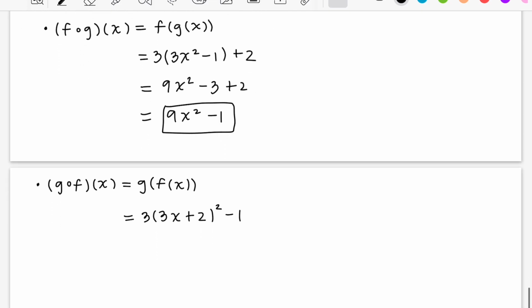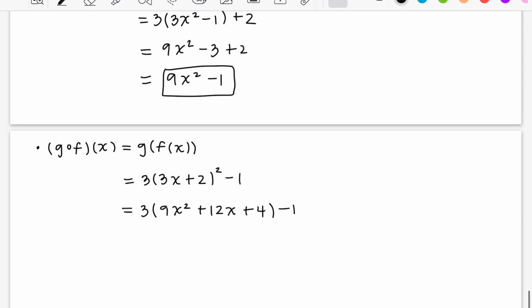All right. So we'll get 3 times, this is going to be 3x plus 2 squared, so 3x plus 2 times 3x plus 2. Doing so, we'll get 9x squared plus 12x plus 4 minus 1. Then we'll distribute this 3 to every term in here.